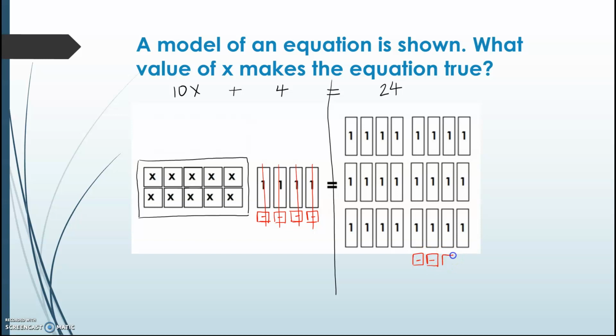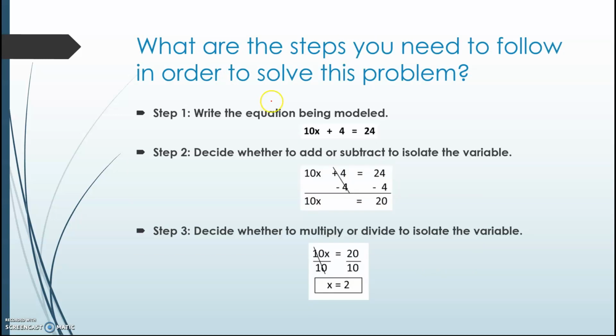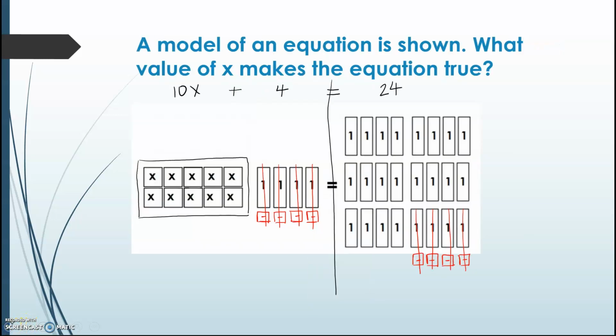1, 2, 3, 4. And again, we're still using our blue and red colored pencils. Our red is going to represent our negatives and our blue will represent our positives, okay? So if I add 4 negatives, that's the same as taking 4 away from both sides.